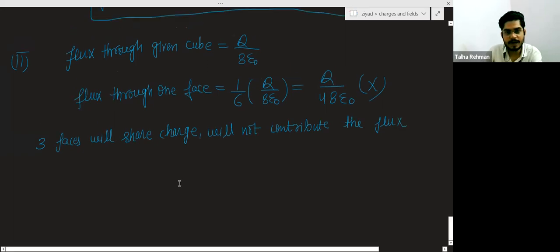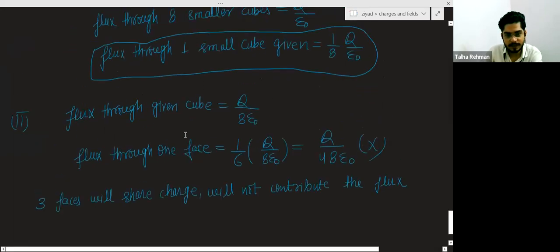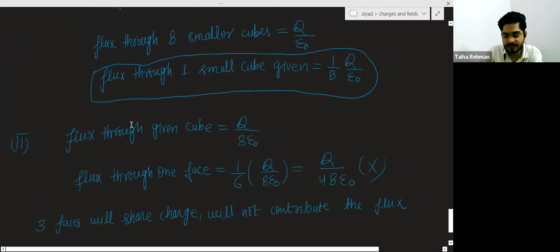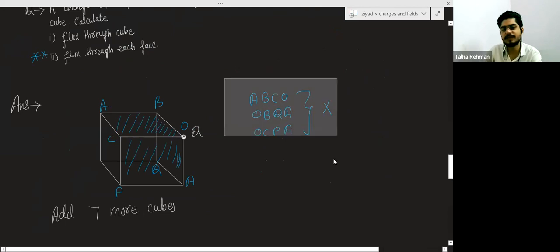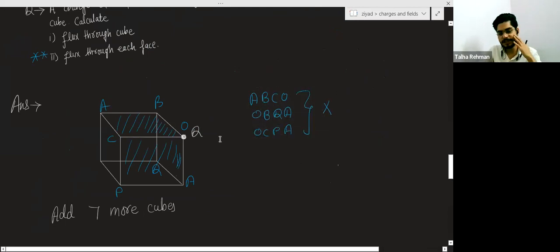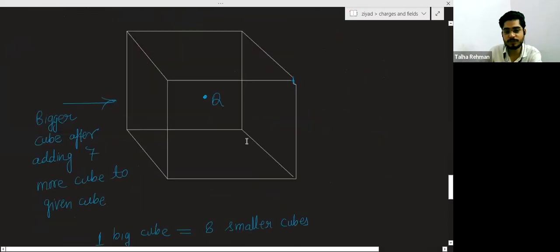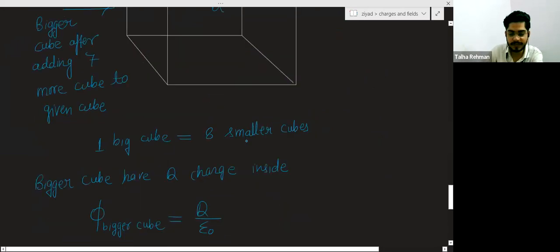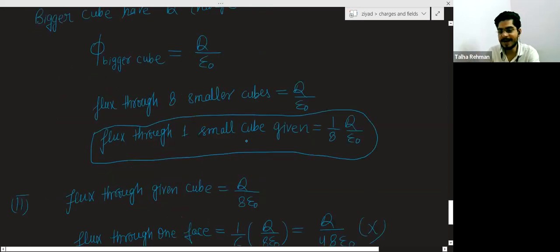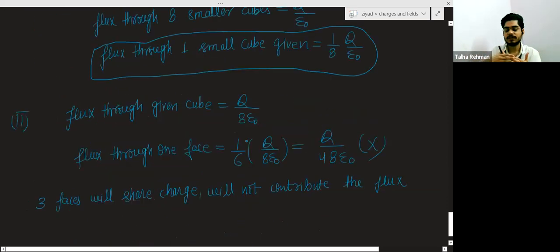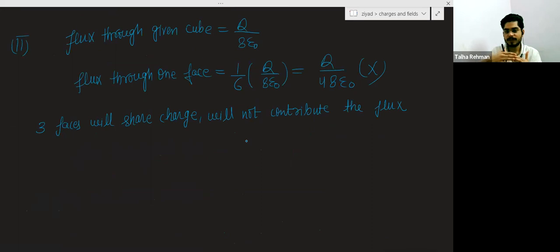Here are the three faces. One face is this, that is sharing the charge, and one face. These three faces are the faces which share this charge, and the faces sharing the charge will not contribute to flux. So the net flux due to this charge will be given to the remaining three faces only.